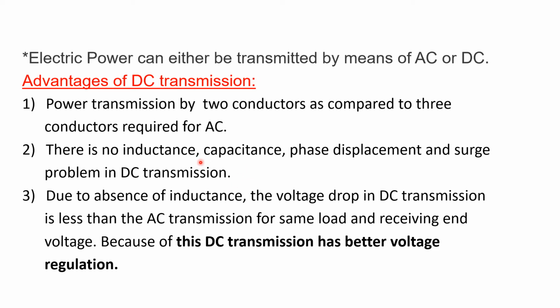And due to the absence of these inductive and capacitive effects, voltage drop in DC transmission systems will be very less when compared with alternating current transmission systems, because in AC transmission systems there will be the presence of inductance, capacitance, etc. So the voltage drop will be much higher in AC transmission system when compared with the DC transmission system. So voltage regulation will be better in DC transmission system.